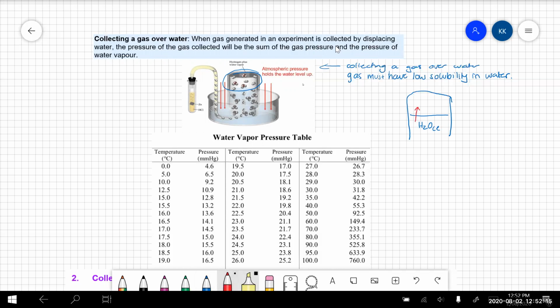Some of that water is always turning into water vapor, and some water vapor is always turning into liquid water. And because of that, what you're collecting is not a pure gas, you're collecting a mixture. So this is going to be a mixture of the gas you're collecting and some water vapor.